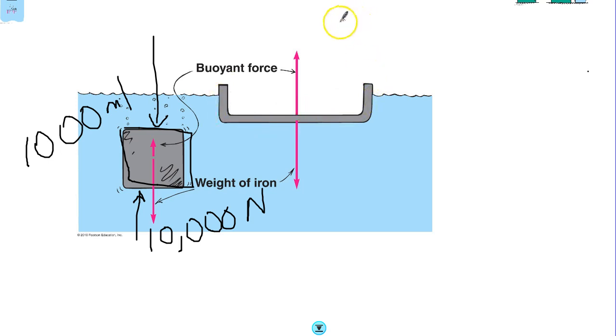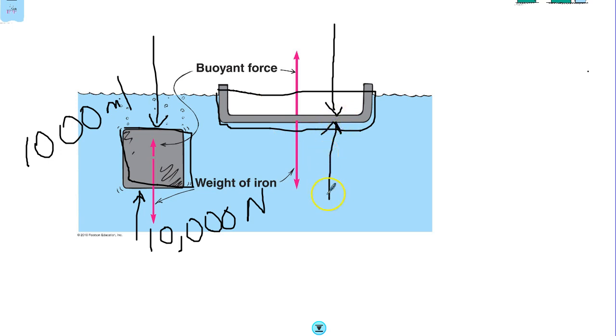it has the same mass, so it has an equal force of gravity pushing down on it, okay? But whereas this one only displaced this bit of water, this one can displace a greater volume of water, which means there's going to be a greater buoyant force on it, acting upward on it.